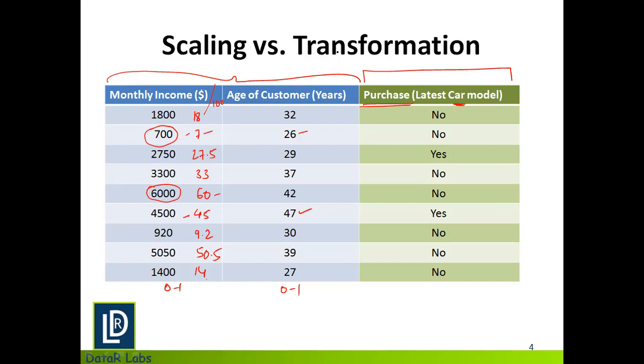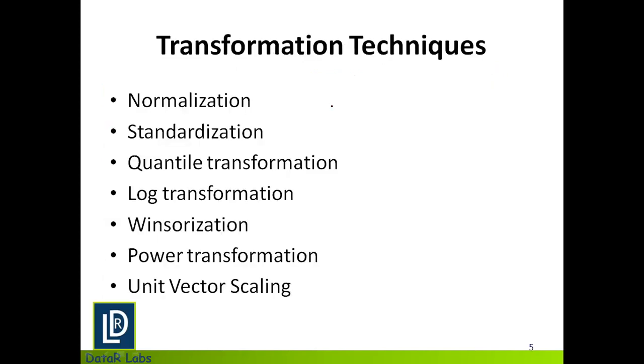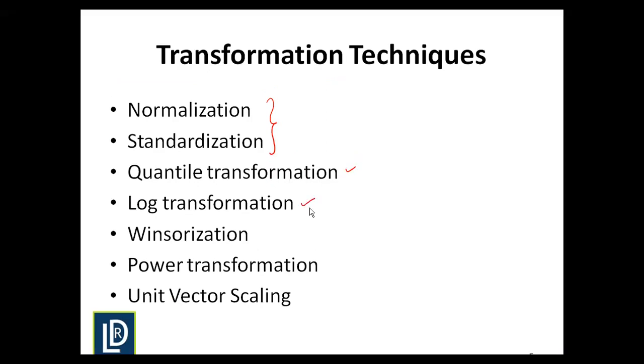So now let's talk about the transformation techniques we have for our use. The most popular transformation techniques, which we'll discuss more in depth today, are normalization and standardization. Apart from that, we also have techniques like quantile transformation and log transformation, which typically help when I have a handful of values with many points, while most of the values have fewer points.